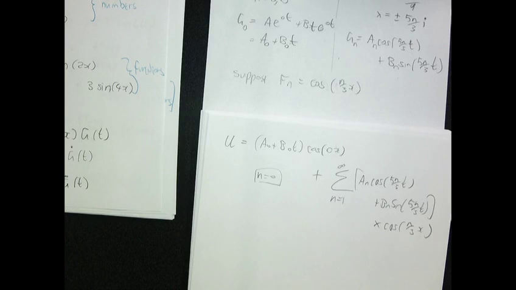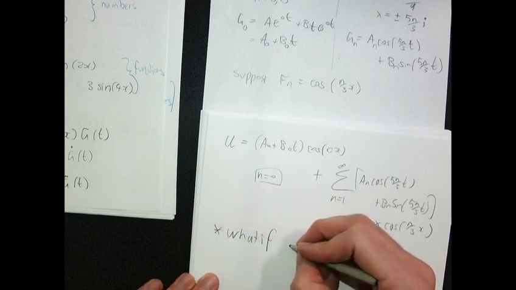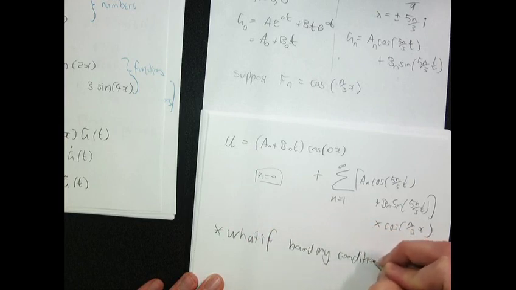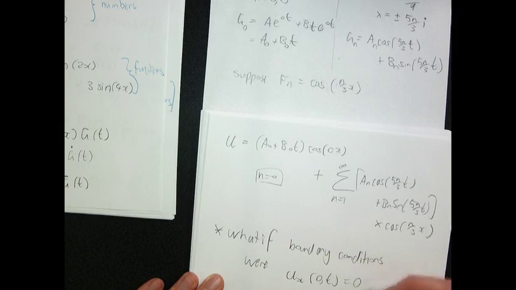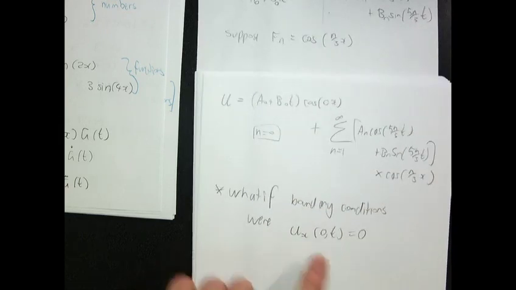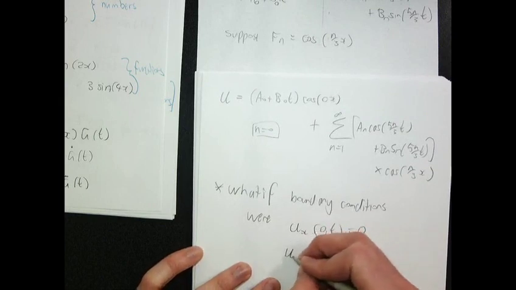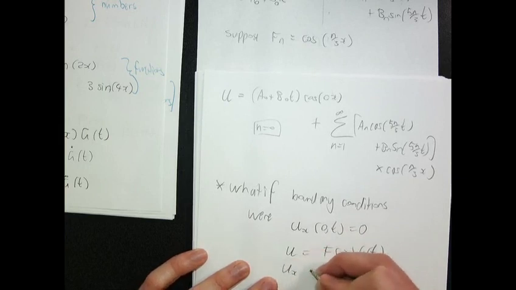Do be aware that that's my other what if. I won't go through the whole thing, but what if the boundary conditions were something like that? Ux of 0, t equals 0. Then, since u is f of x, g of t, ux will be f dashed x, g of t.